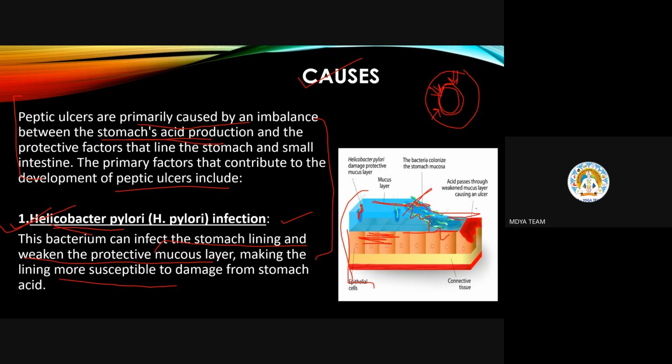So what will happen? The acid passes easily through the weakened mucus layer, damages our skin part, and can cause sores or lesions, causing an ulcer.